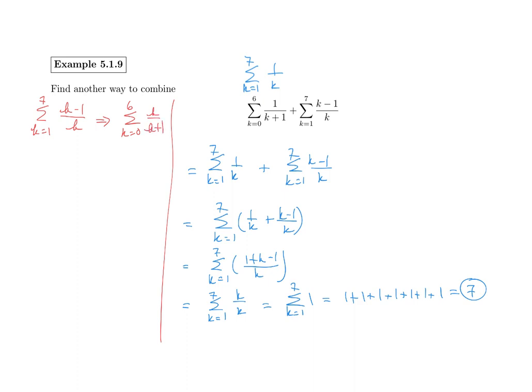I will leave that one to you to figure out, but I'll give you a hint. Let j equal, well, you wanted to shift the k from 1 down to 0, so you wanted to take 1 away from k. And then when you put them together, you still end up with a summation of 1 from 0 to 6, which is still 7.